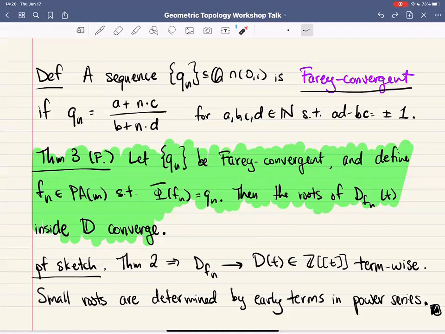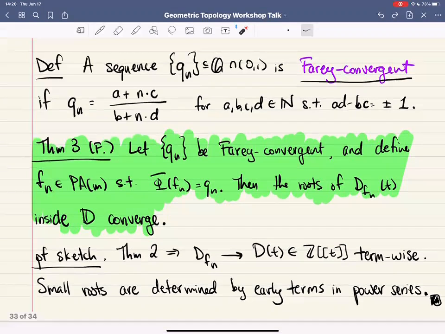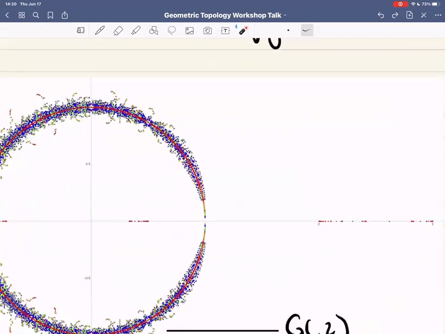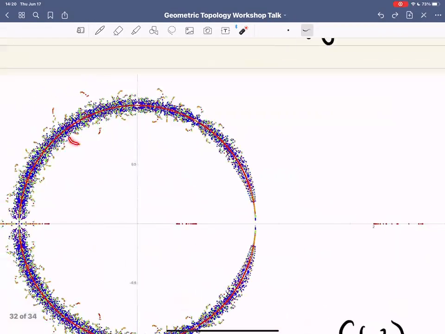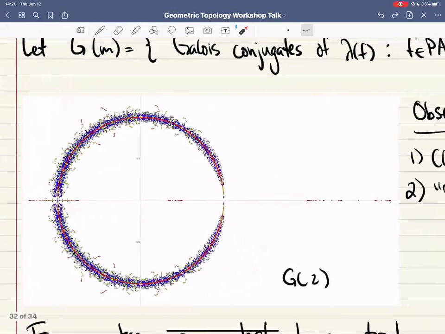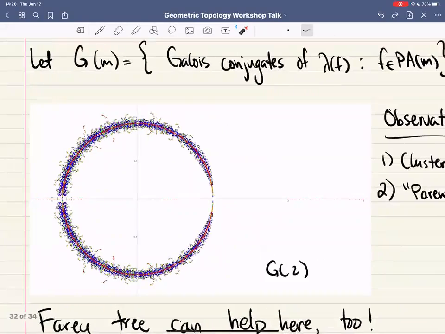They actually are tending to well-defined limits in the unit disk. And that's describing this parenthesis behavior. These points here are actually Galois conjugates of some nice sequence of zigzag maps that are converging to some limit.